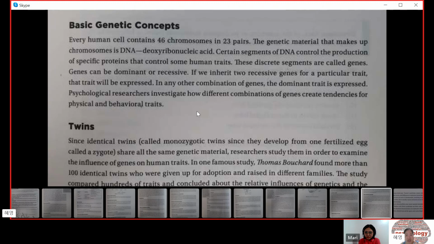Certain segments of DNA control the production of specific proteins that control some human traits. These discrete segments are called genes.